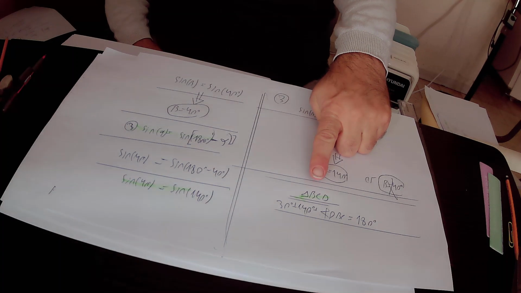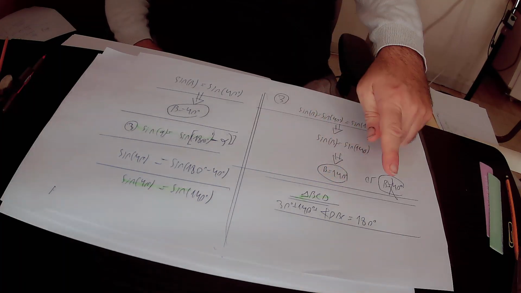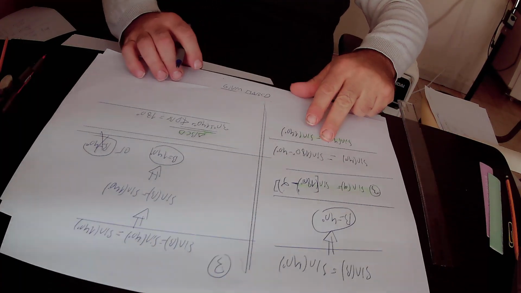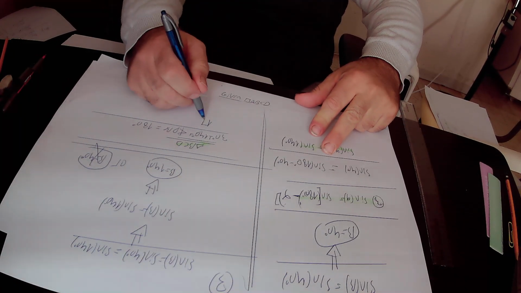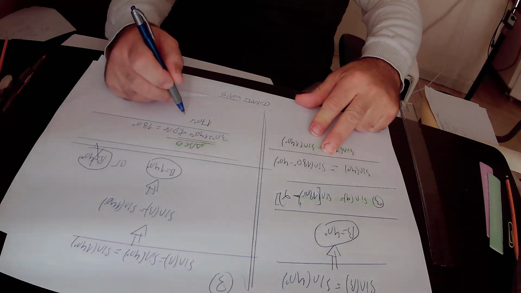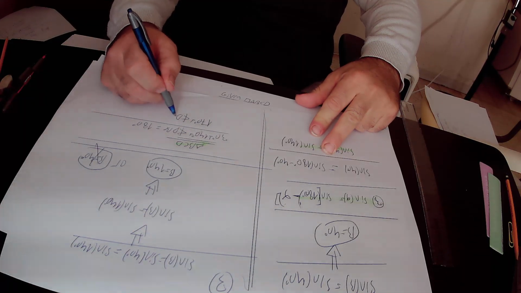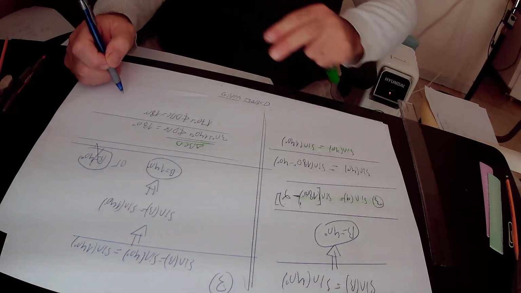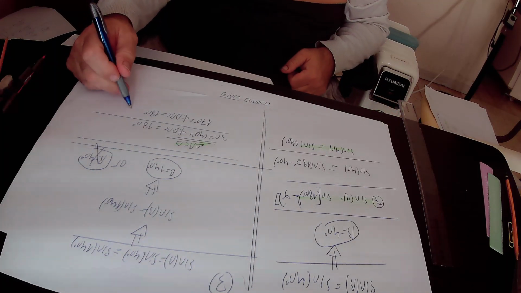30 degrees plus 140 degrees is 170 degrees, so 170 degrees plus the missing angle DBC in total must be equal to 180 degrees. Here we will subtract 170 degrees from this equation.